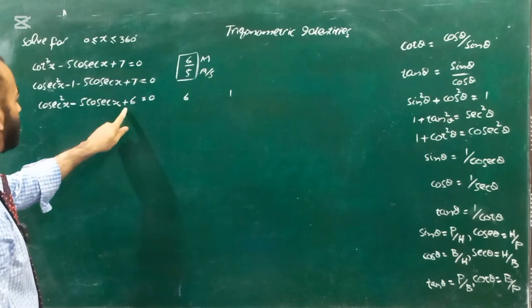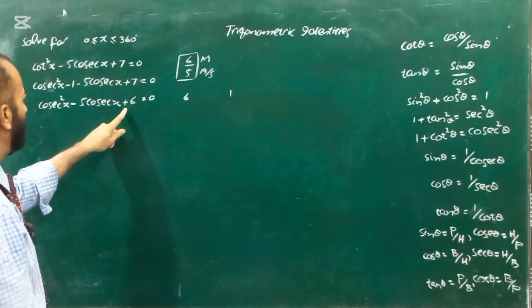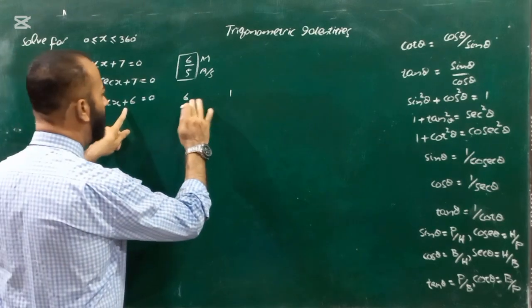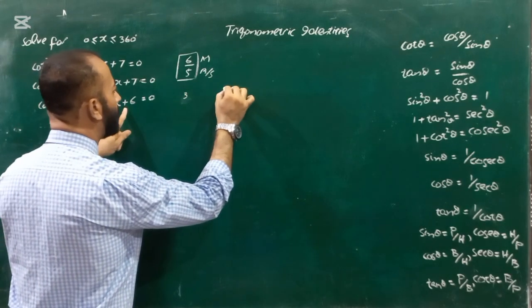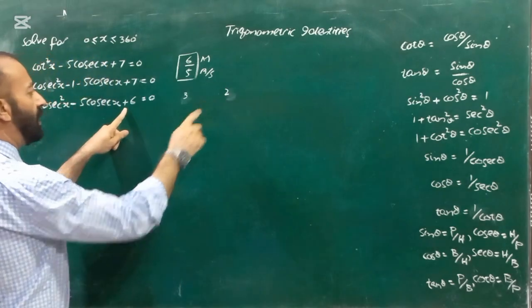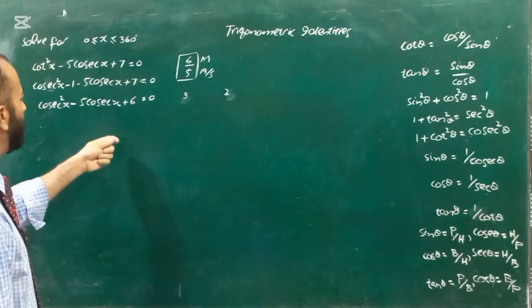This sign is telling us that both will have the same sign. There is another option: 3 twos are 6. So these are the numbers, because these will fulfill the further conditions.